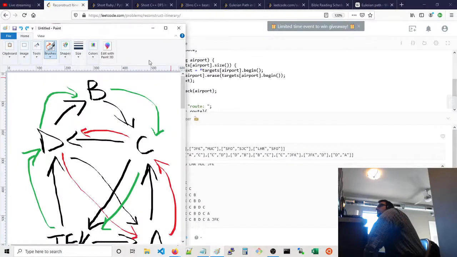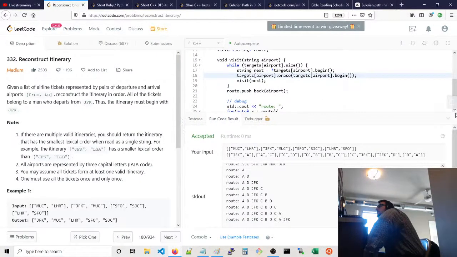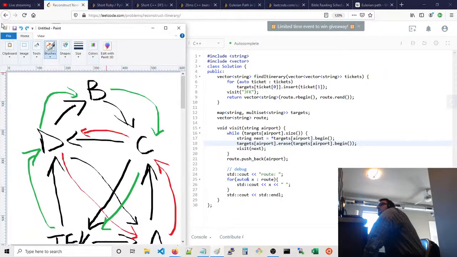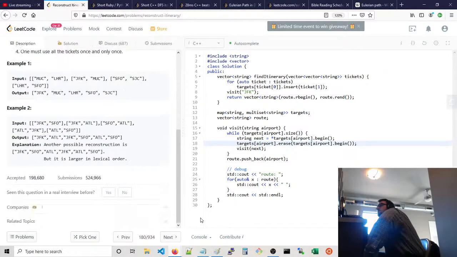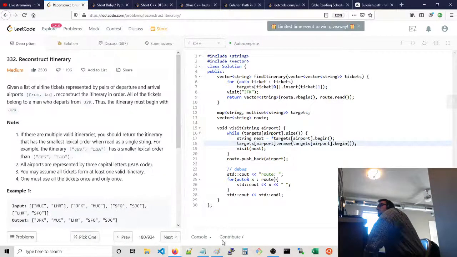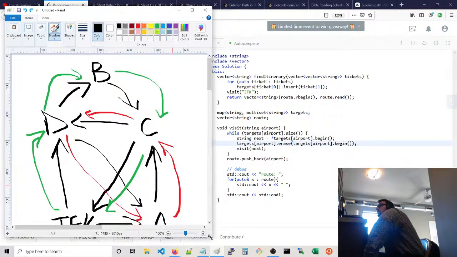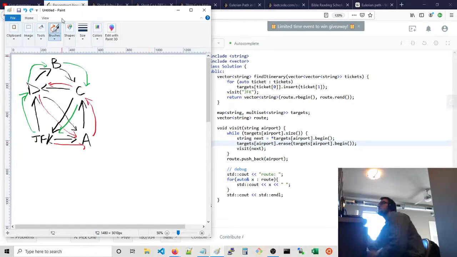Let me just look at this picture and look at the code here and just kind of follow. And actually we do want something else here we can write.